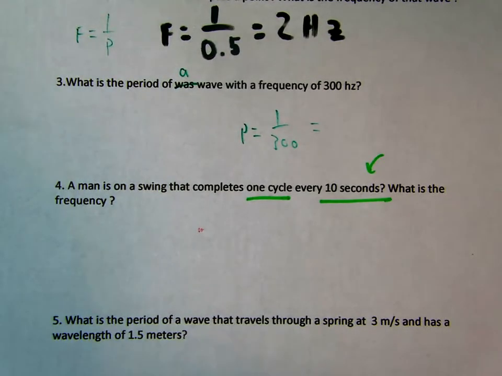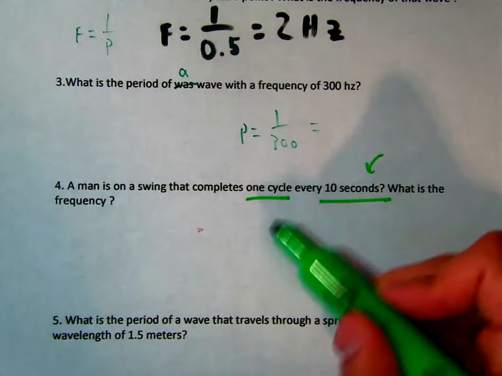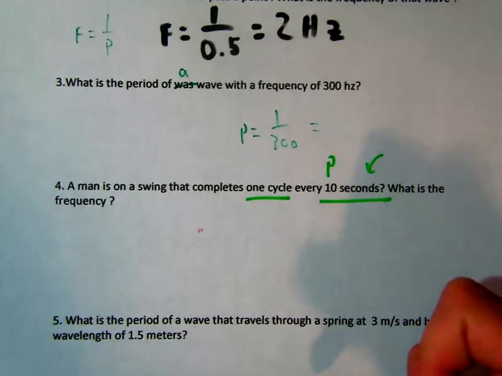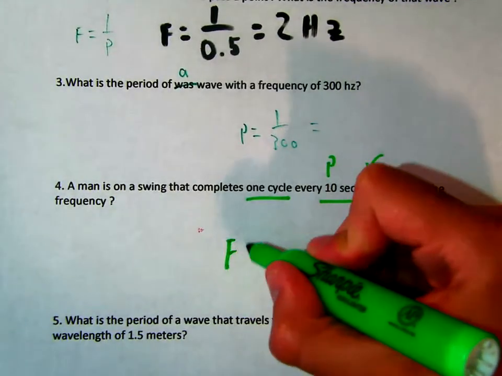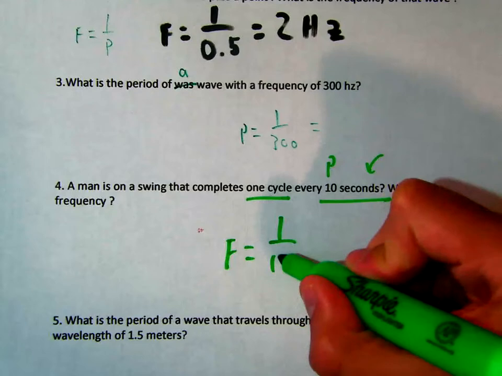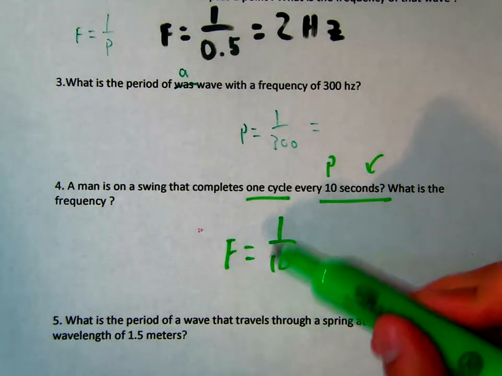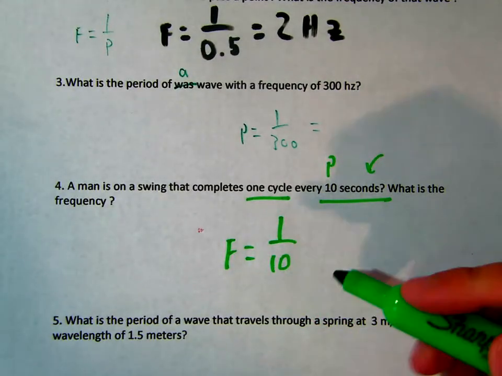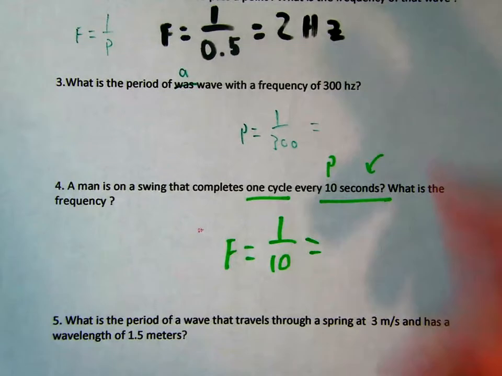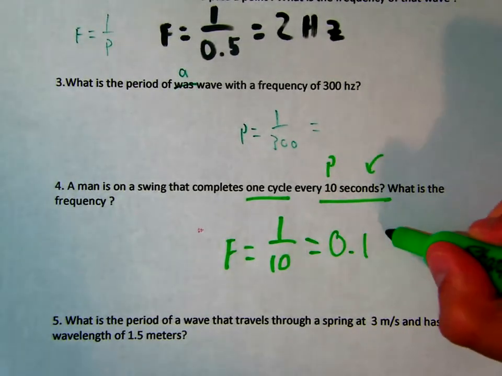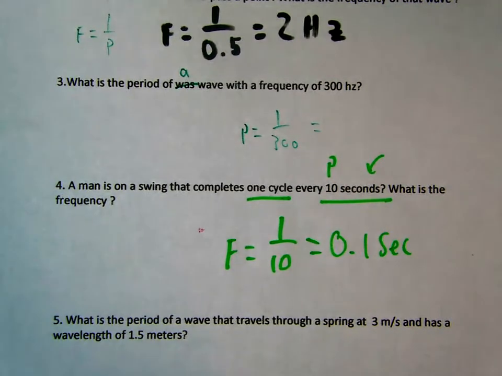Period is the time it takes for one wave to pass, in other words, the time for one cycle. Well, if one cycle takes 10 seconds, then this is my period. Okay? So frequency equals 1 divided by 10, right? Because frequency equals 1 divided by my period. And that would be my answer, which would be similar to the first problem, 0.1 if we put that in the calculator.